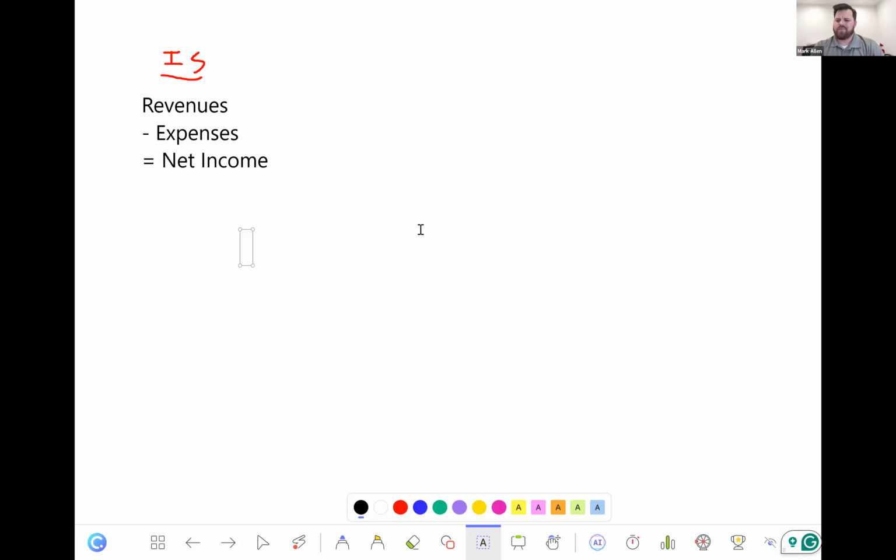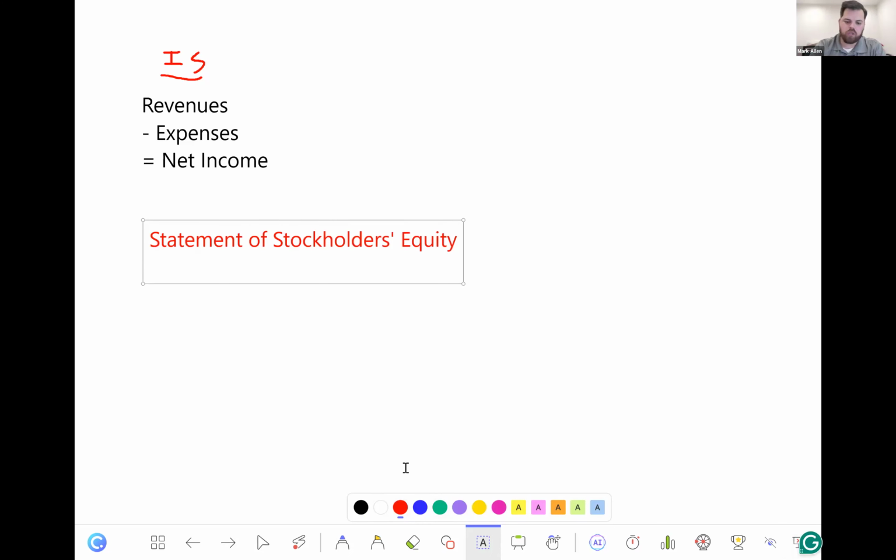Now you say, okay, why do we have to do that one first? And it's because if we think about what the second one is, the second financial statement is the statement of stockholders' equity. And the statement of stockholders' equity largely does this. We start with beginning stockholders' equity.